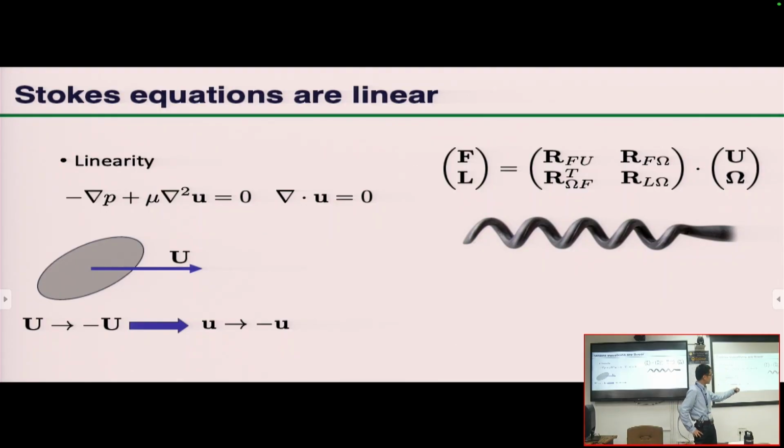That's a translation-rotation coupling, and it's reflected here in these off-diagonal terms. You apply force, it's going to rotate. You apply torque, and this equation is actually a diffusion equation. We'll talk about how that behaves in just a moment.